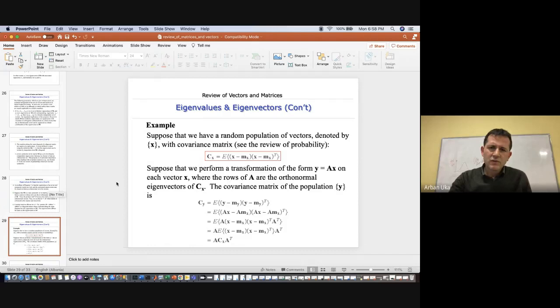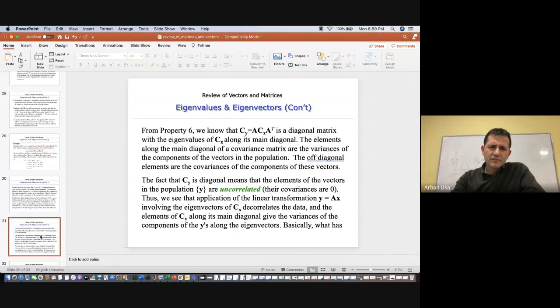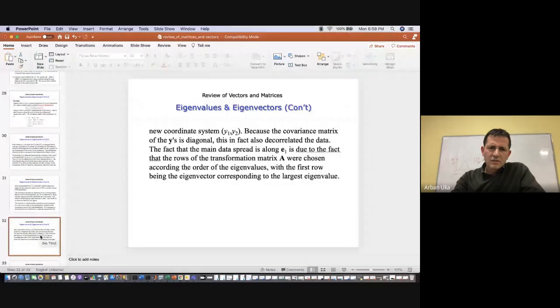Actually, here you also have an important note which says check the review of the probability. So in that review, we do see this again. And so when we are dealing with vectors or matrices, we can still define a covariance equivalent to the images. But now let's move on.